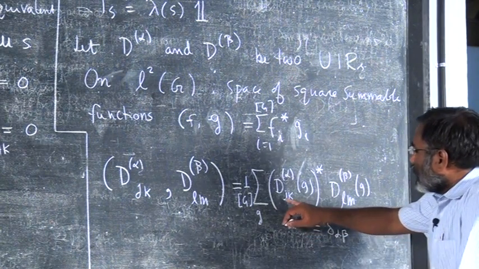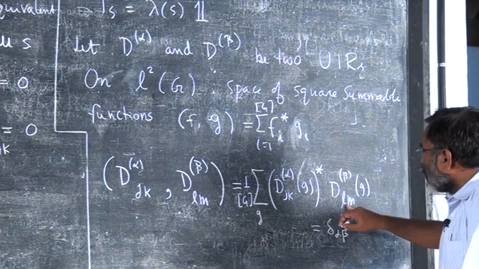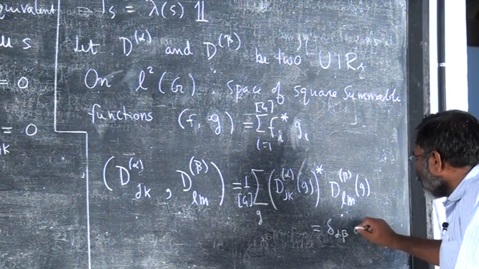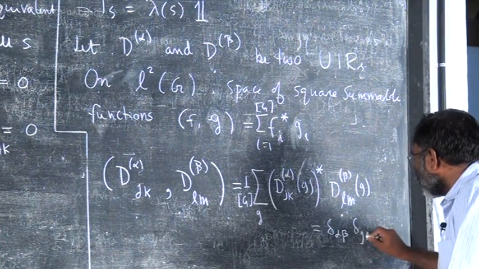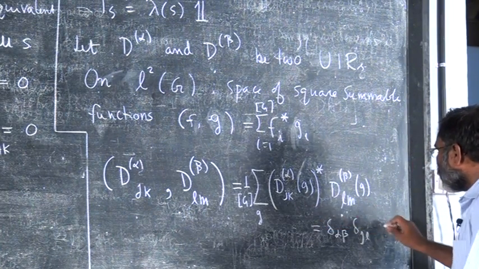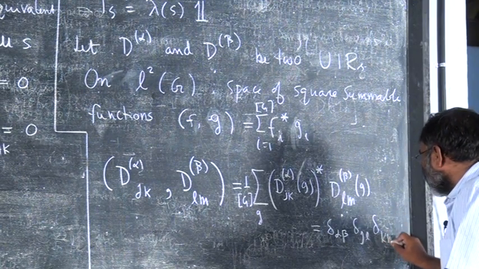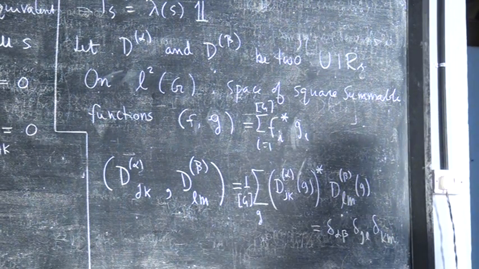Second, J also has to be equal to L and K also has to be equal to M. Delta alpha beta, delta JL, delta KM.